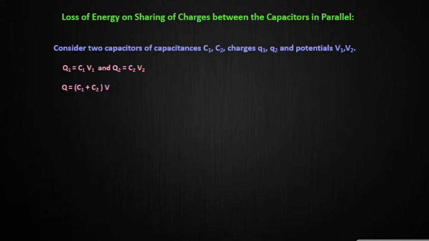When the capacitors are connected, there is no loss of charge but only sharing of charge occurs. Therefore, the total charge after sharing should be equal to total charge before sharing. We know that the total charge after sharing is Q is equal to C1 plus C2 into V, and total charge before sharing is Q1 plus Q2, which is nothing but C1 V1 plus C2 V2.